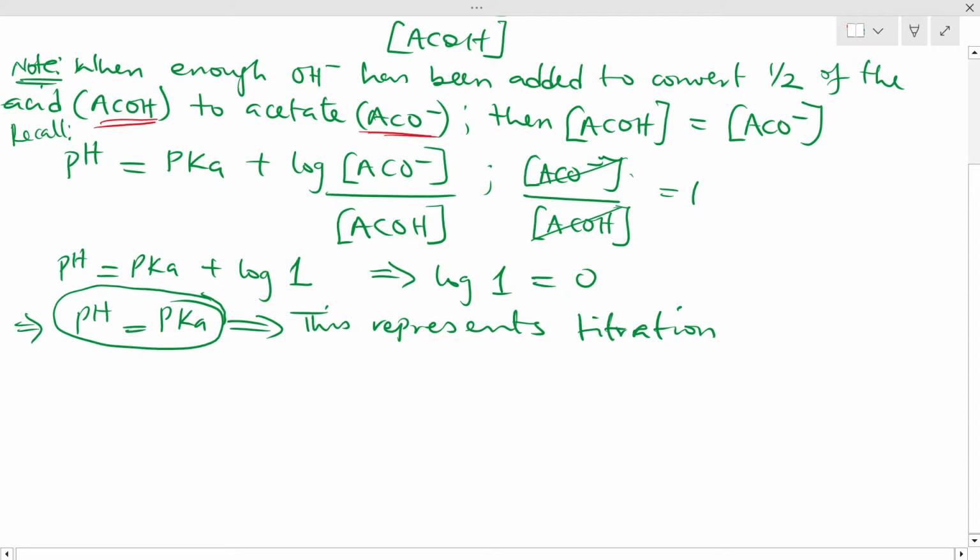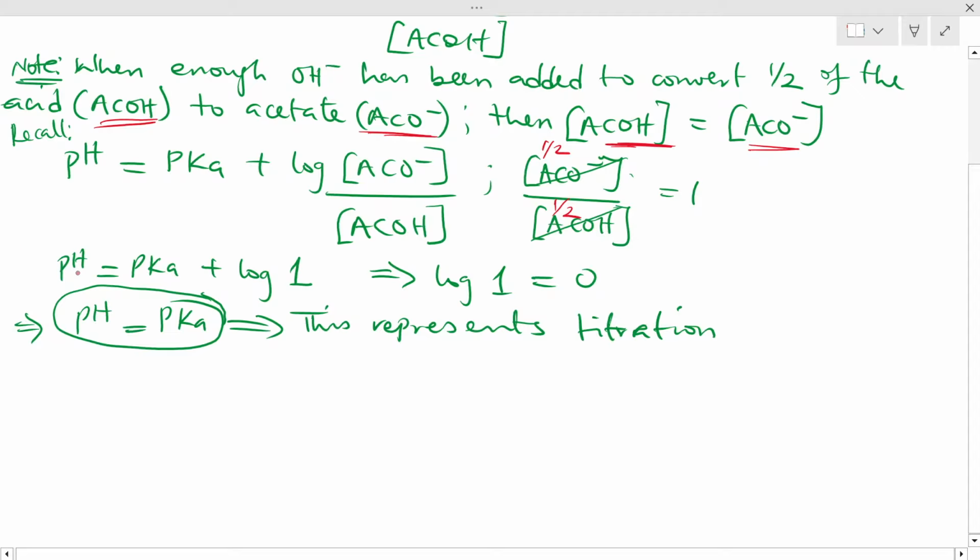The concentration of ACO minus. So at this point, if this is half concentration and this is half concentration, it cancels out to give 1. Alright, so this 1 here is simply inserted into this ratio.